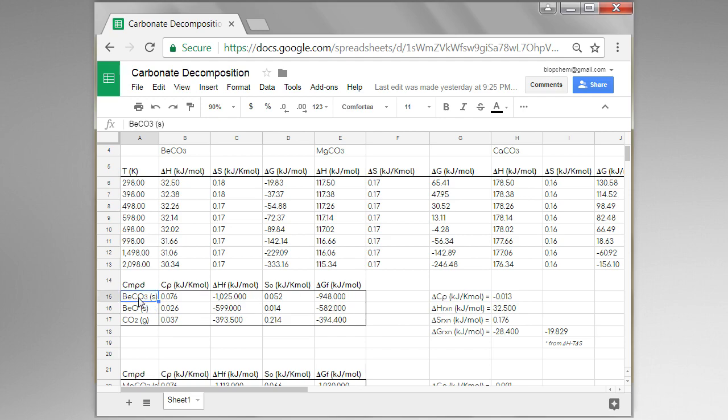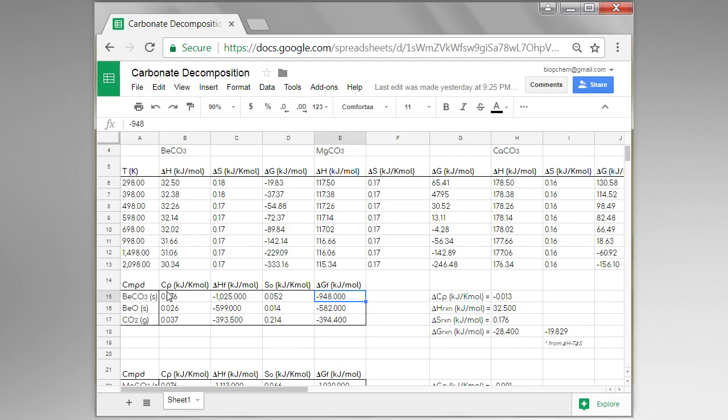We can look up for the carbonate, the oxide, and of course CO2, heat capacities, formation enthalpies, and entropies of formation, and therefore we can calculate the Gibbs free energy of formation of all of these.